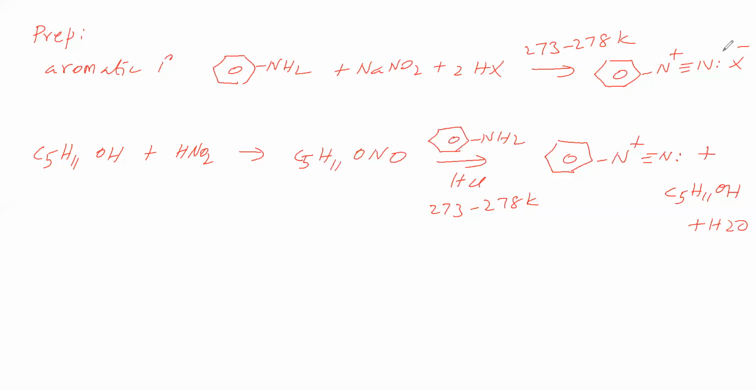We should not keep them in the dry state. In the dry state, they undergo explosion. These diazonium salts are soluble in water because they are ionic compounds. They are soluble in alcohol to a lesser extent.